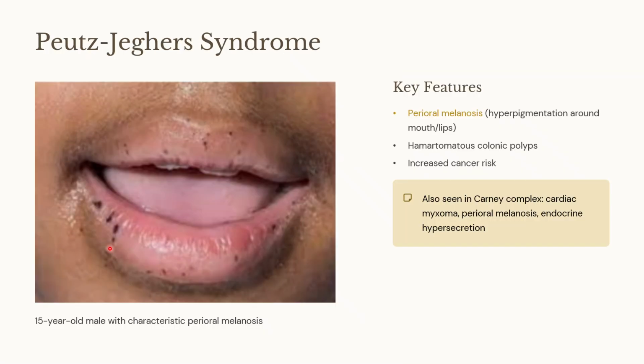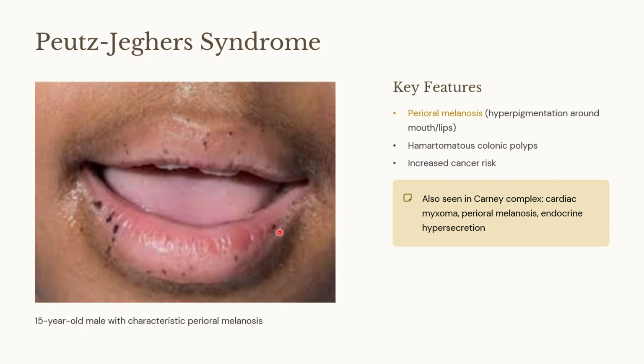This picture can be given and you may be asked to diagnose it. This is Peutz-Jeghers syndrome. Here there is perioral melanosis. It results in hyperpigmentation around the mouth or the lips. When you see hyperpigmentation around the mouth or lips, it is associated with hamartomatous colonic polyps. What do you mean by hamartoma?